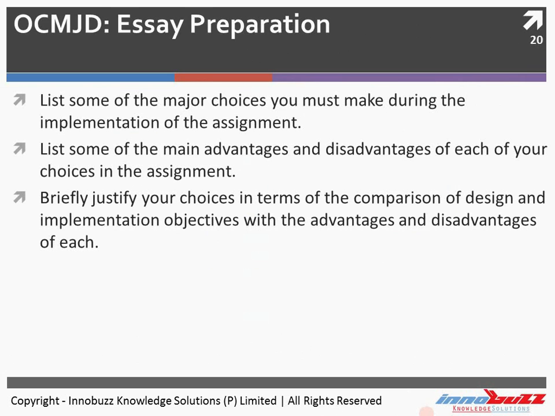Briefly justify your choices in terms of the comparison of design and implementation objectives with the advantages and disadvantages of each. So after completion of your assignment, followed by the essay preparation, you need to do these things to get your certification on Oracle Certified Master Java Developer.